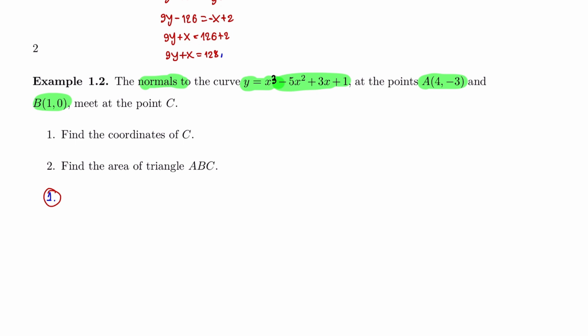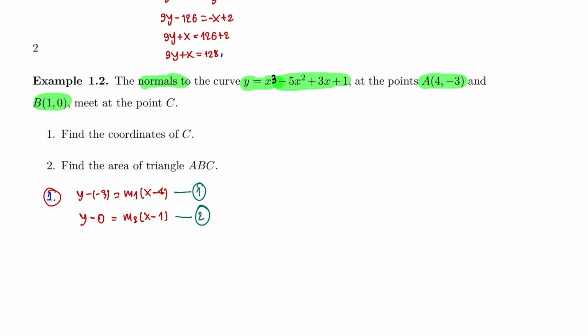So equation 1 is y minus 3 equal to m1 times x minus 4. And another one is y minus 0 equal to m2 times x minus 1, this is equation 2. These are the equations of the normal.